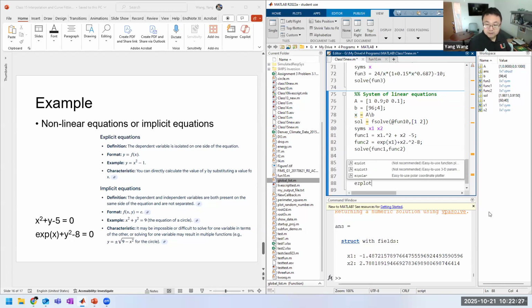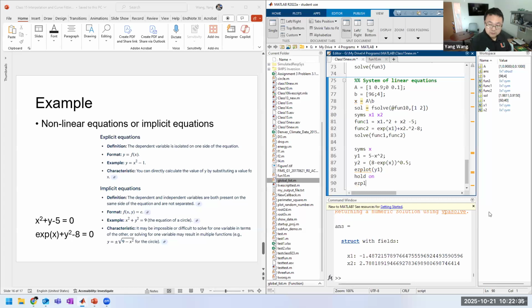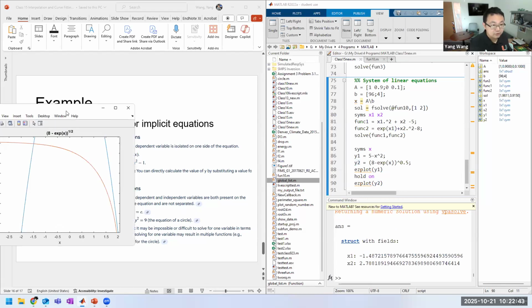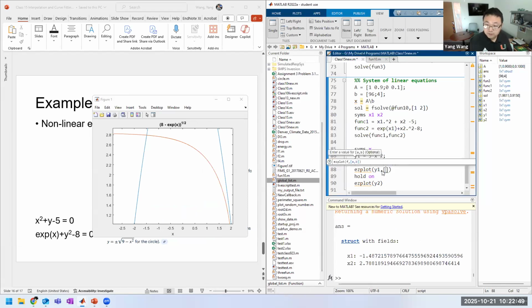Okay, so ezplot of y1, hold on, ezplot of y2. Okay, so you can see that basically there are two solutions, right? So then we can make it bigger, minus 5 to positive 5.